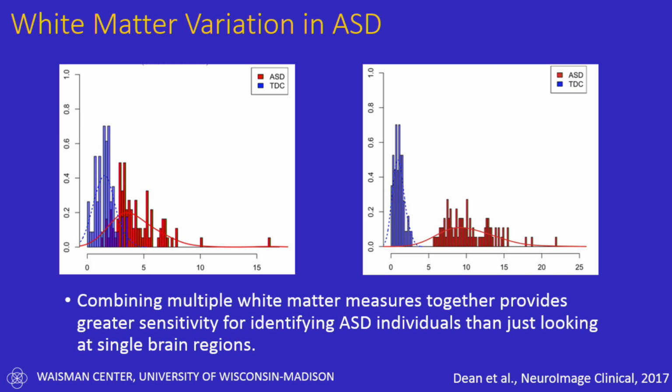So by combining different brain regions across the brain, we're able to show that it's not just a single brain region or structure that is influenced in autism, but a combination of different measures. And by doing so, this provides greater sensitivity for identifying those individuals with autism rather than just looking at a single brain region.